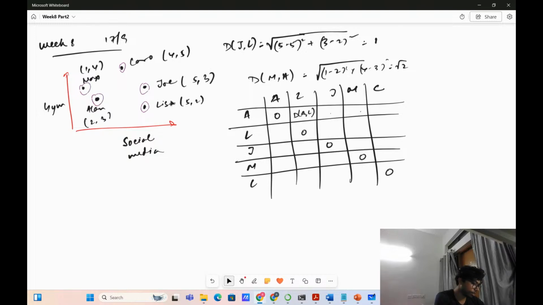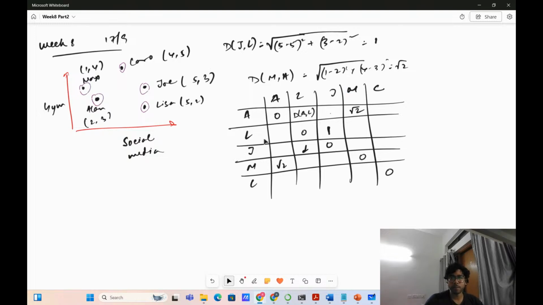And similarly so on. Here we see the distance between Joe and Lisa is 1, so this entry will be 1, which we have calculated over here. Similarly, the distance between Max and Alan will be root 2. So this represents the distance between Max and Alan.